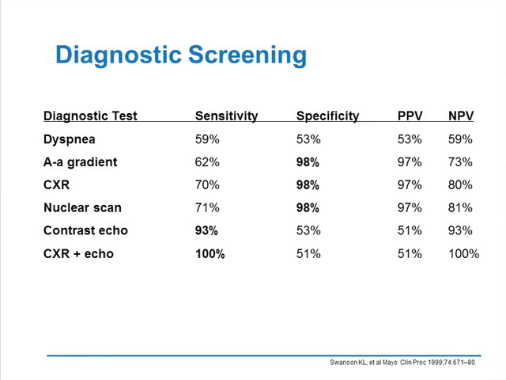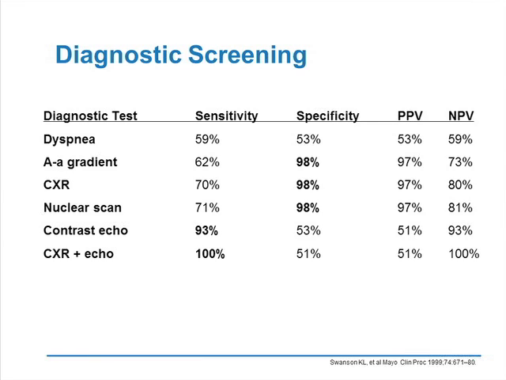And today, the standard test that we use to screen for pulmonary AVMs is a contrast echo or a bubble 2D surface echocardiogram, and that seems to be an extremely sensitive study. And when you add an echo and a chest X-ray, the sensitivity goes up to close to 100%.